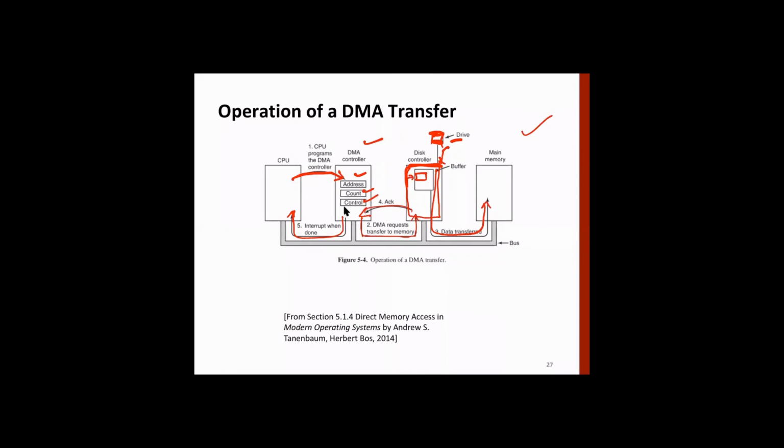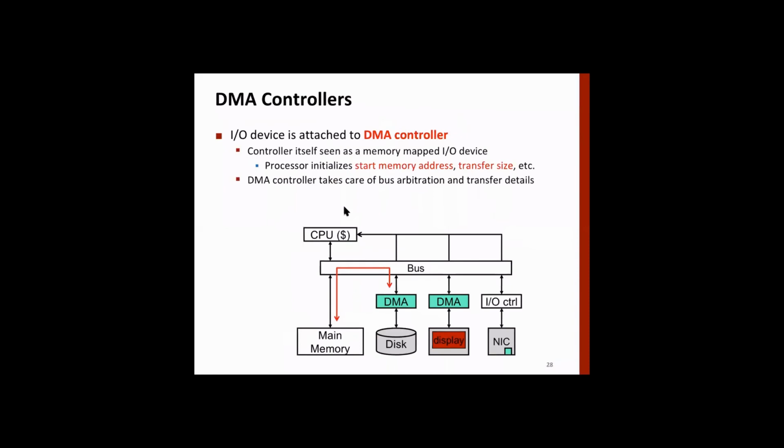The other way could be that the device controller itself acts as a DMA controller. As an example here, each device is attached to its own DMA controller. This is another configuration. Here is a DMA controller with a disk, and the CPU can instruct it to do the transfer and give all the information like start memory address, block address, transfer size, and what is to be done.